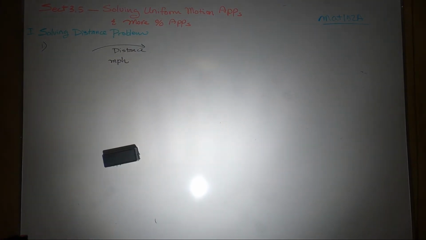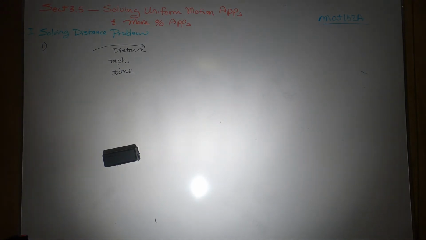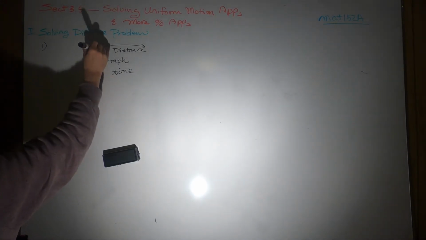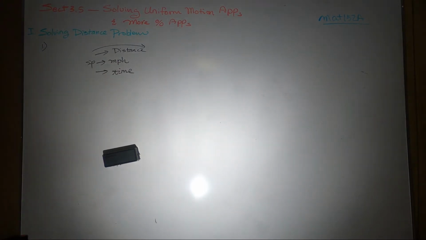Usually we do miles per hour. Then you also wonder how much time it will take to get there, right? So the three things we are concerned about for driving are the distance, the speed, and the time.